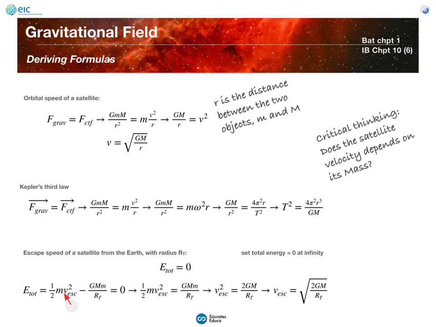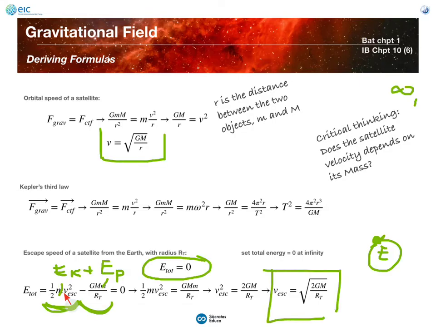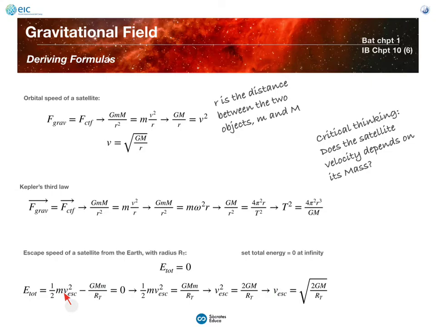Therefore, the gravitational force is equal to the centripetal force. So again, plug in the formulas you already know: the one for the gravitational force, without the minus, no need for the minus, and the centripetal force, mv squared over r.